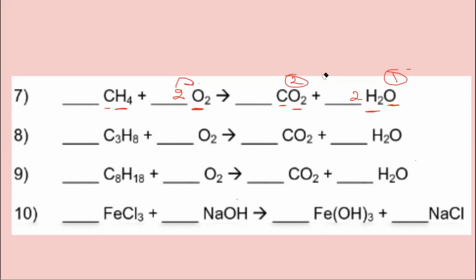How? If you write 2 in front of H2O, won't it become 2? This oxygen is 2. This oxygen is 2. So 4 oxygen. 4 oxygen in the product side. So make this oxygen 4. 2 2s are 4.